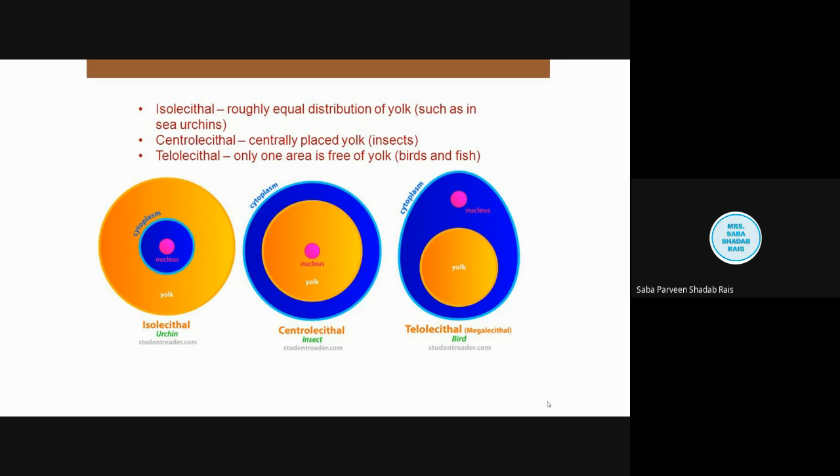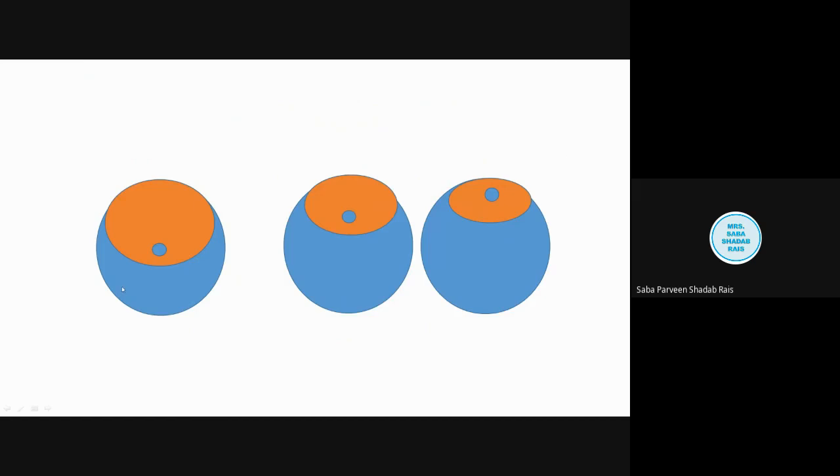So when we talk about the telolecithal egg, the slightly telolecithal egg is found in the case of the fish, and moderately telolecithal egg is found in the case of the amphibians, and the pronounced telolecithal egg is found in the case of the reptiles and the bird.